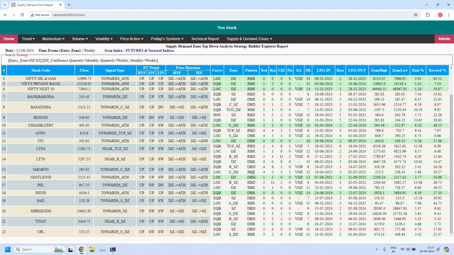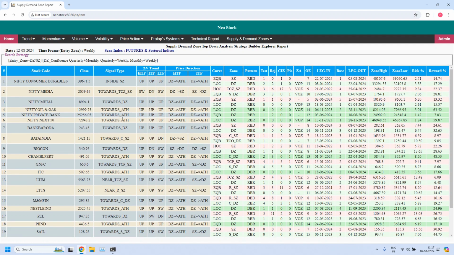In that, Titan is near the supply zone, but we have to look for near the demand zone or inside the weekly demand zone, because none of them are near or inside. Anyway, this is based on the zone confluence.